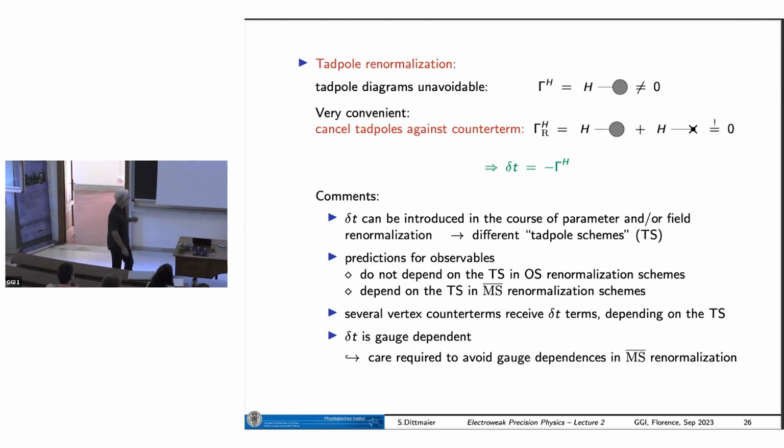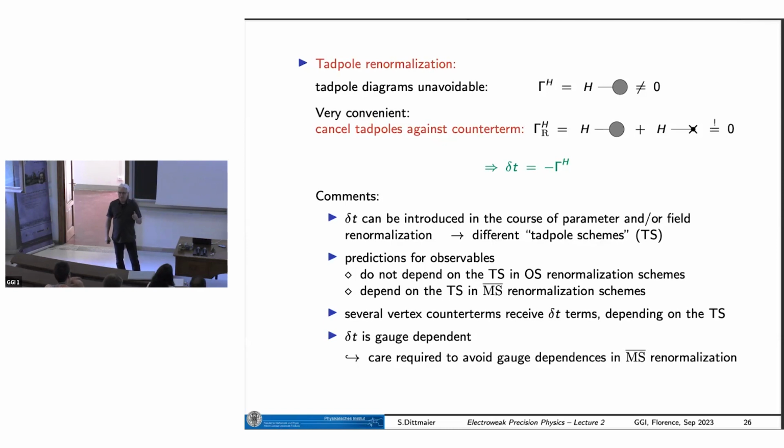I also did it last year with Heidi Rzehak in some papers, to make a proposal how to do this, from our point of view, a little bit better. It would go too far; it's a very technical thing. And the reason why, with a good conscience, I can just leave it as it is, is that if you just stick with the usually adopted on-shell conditions, it doesn't play a role.